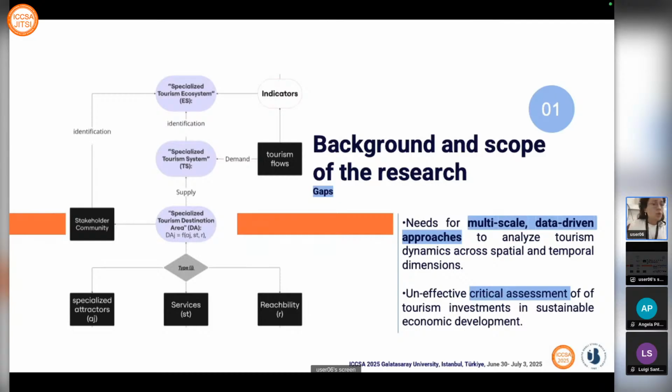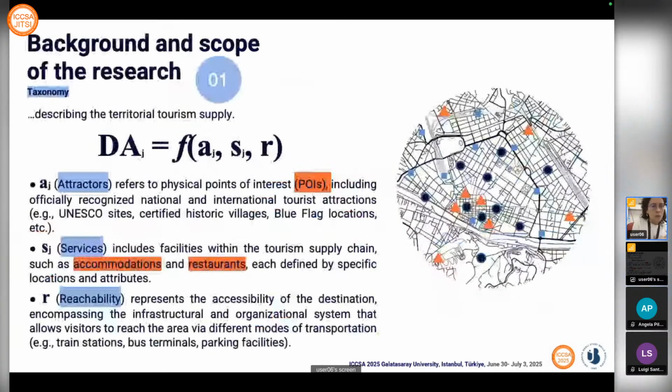And we transfer this model to the students in order to have a common matrix of analysis of different kinds of territories, with a specific focus on the local territorial values. So the destination area is made by attractors that are recognized by a specific value chain.